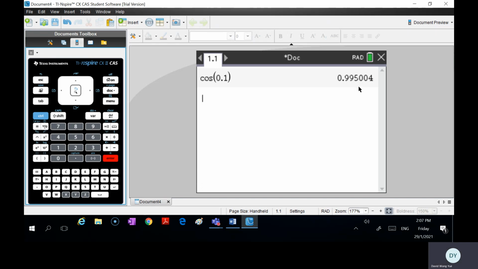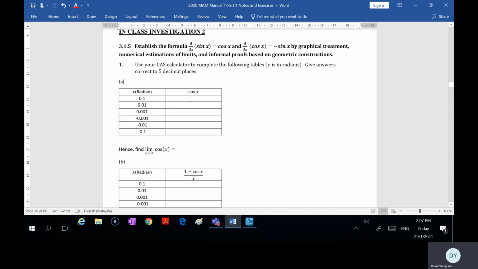We get 0.99500. Please take note, 5 decimal places. Also, do you remember cosine x is equal to cosine negative x? So here we know it's also 0.99500.